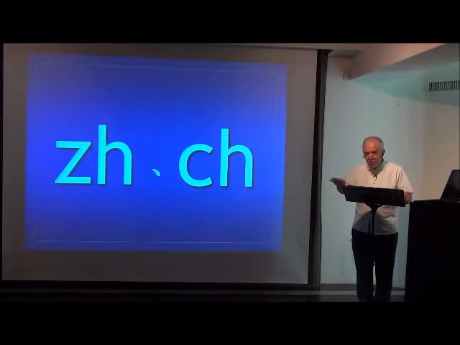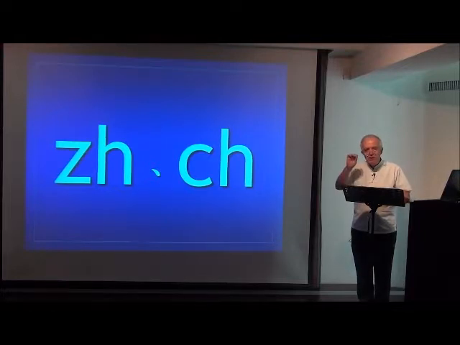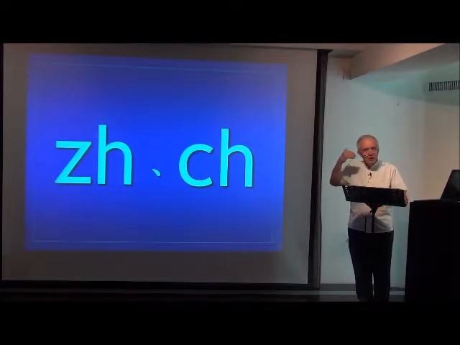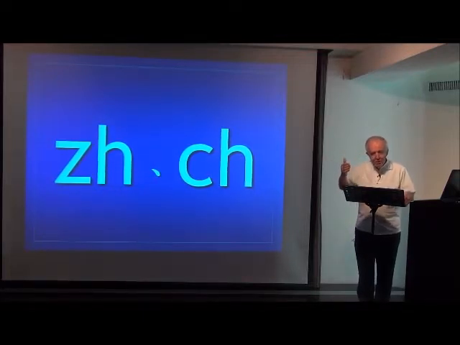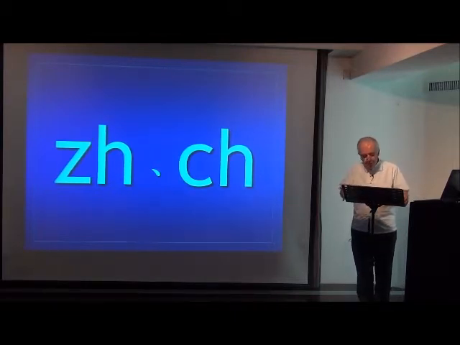But in the south of China, they don't. So for those learning in the south of China, I tell them simply to substitute for zhi an English J as in John, for chi an English CH as in Charles, and for shi an English SH as in Sean.